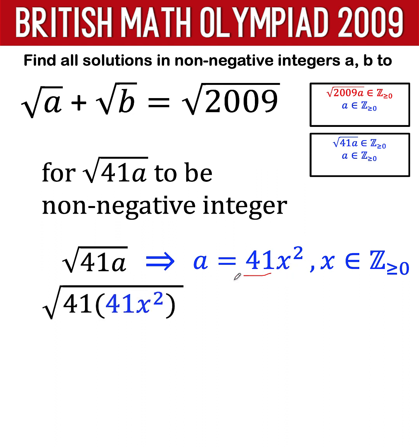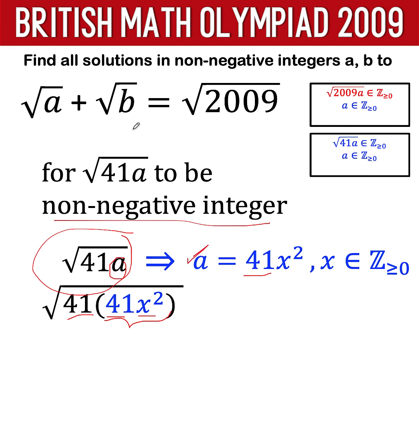So if a is in the form 41 times x squared, where x is a non-negative integer, then we can replace this a by that value 41x squared. And 41 times 41 is now a perfect square, and x squared is a perfect square. This means that this entire expression is a non-negative integer again. So this condition for a is very important.